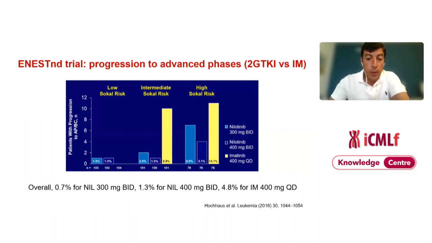Overall, 1% of patients progress to advanced phase on nilotinib compared to 5% of patients progressing to advanced phase on imatinib. And similar results were observed with dasatinib first line. So the probability of progression to advanced phase is very low when we use second-generation TKIs in the first line of treatment.